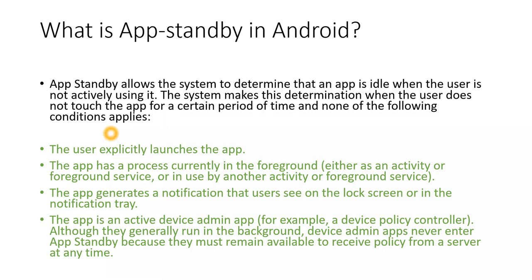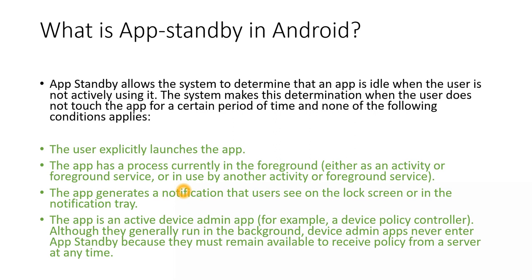When will this app standby mode come into picture? When I don't launch my app, that means I'm not currently using it, the app is not in foreground, and the app will not generate any notification. For example, we keep getting notifications in WhatsApp, Messenger, Facebook, Insta. Whenever we get notifications, these apps will not enter app standby mode.